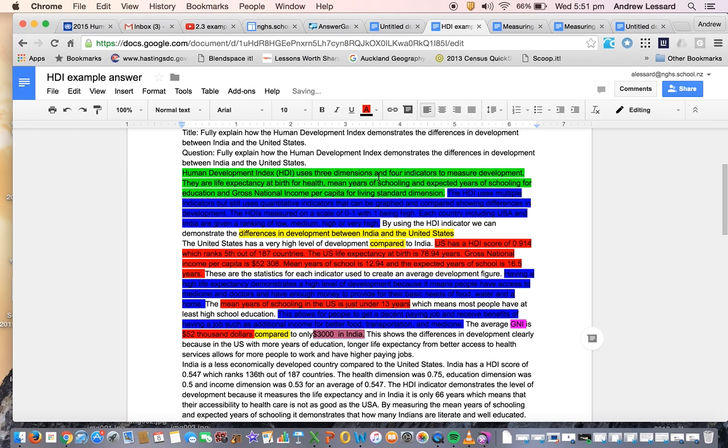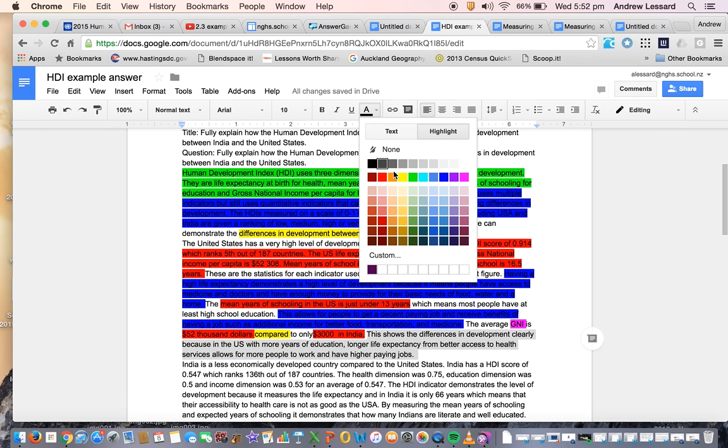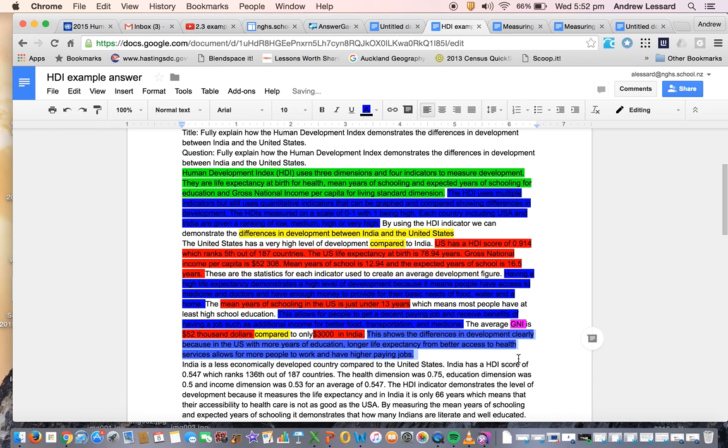And once again, I said this shows, right? And as soon as you write those words, it means you're going to explain. So this shows the difference in development clearly because, and so on. So that is the United States paragraph.